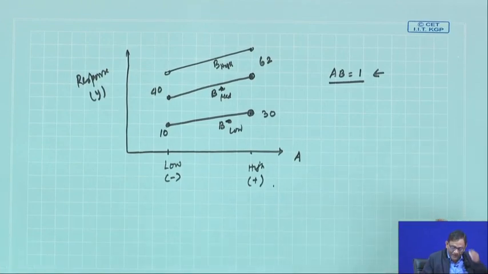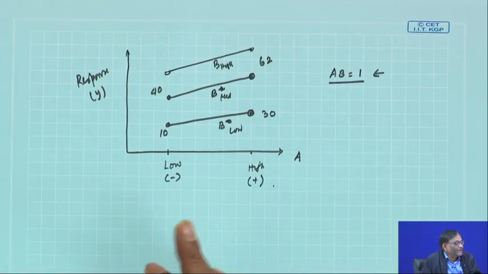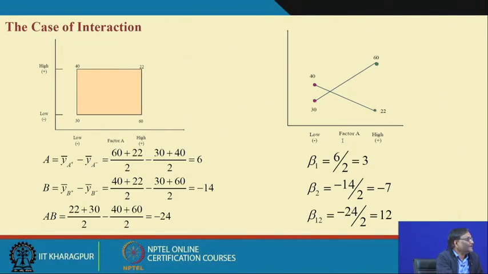When there are interaction effects, what will happen? You see the next slide. In this case, again the same fact, both two factors, and you see that ultimately the response values are different here, and when you compute the main effect, A is 6, B is minus 14 and AB is minus 24.